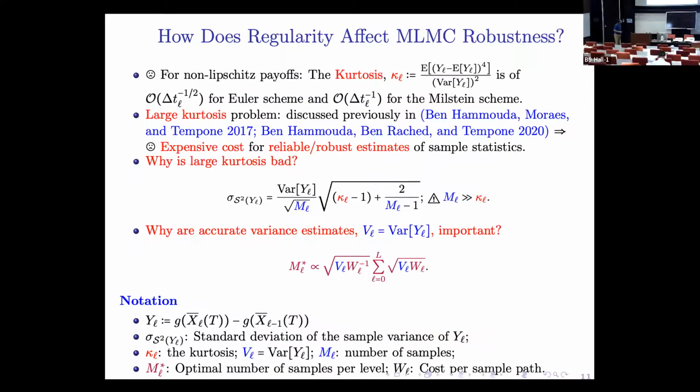Now, since I spoke about robustness, let me explain what it means in the context of multi-level. Consider the kurtosis, which is defined as there. A large kurtosis can be very problematic for multi-level Monte Carlo because it can induce an expensive cost to get reliable and trusted estimates of the sample statistics.